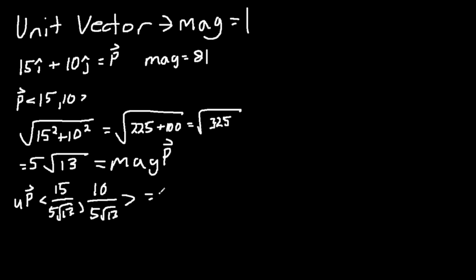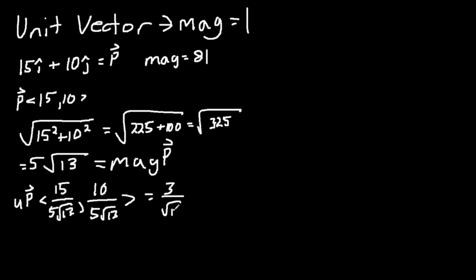This is equal to 3 over the square root of 13, comma, 2 over the square root of 13, because I divided 10 by 5 and the 15 by 5 to get the 2 and the 3. Now this is the unit vector for P. And if you just do the Pythagorean theorem on this, you'll get 1.